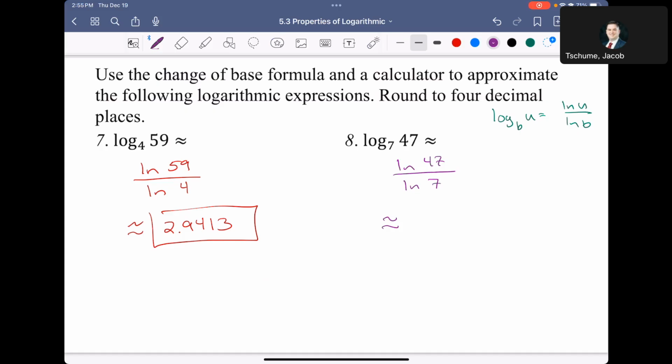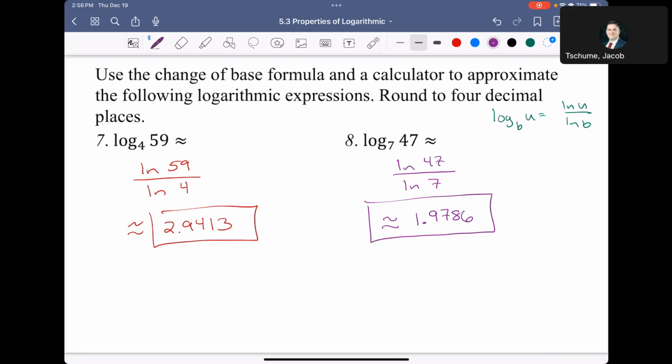Natural log of 47 divided by the natural log of 7 should end up being, to 4 decimal places, 1.978. And the next number on my calculator is 5, but there's an 8 after that, so that will round it up to 6. So it is approximately 1.9786. And so that's how we can use the change of base formula to get approximate answers of logarithms that aren't very nice to work with.